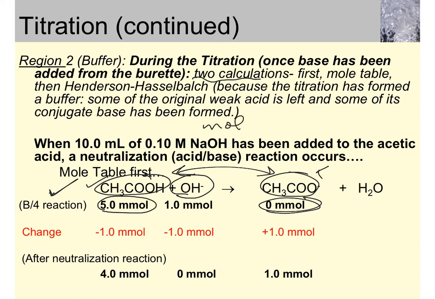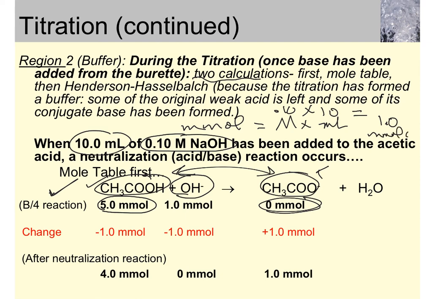Moles, well, we'll just do millimoles, equals the molarity times milliliters. So we know the molarity of the base we're titrating with, 0.10, and we're doing the problem when 10 milliliters has been added. So that tells us that we have exactly 1.0 millimoles of sodium hydroxide that have been added at this point. That's where this number comes from.